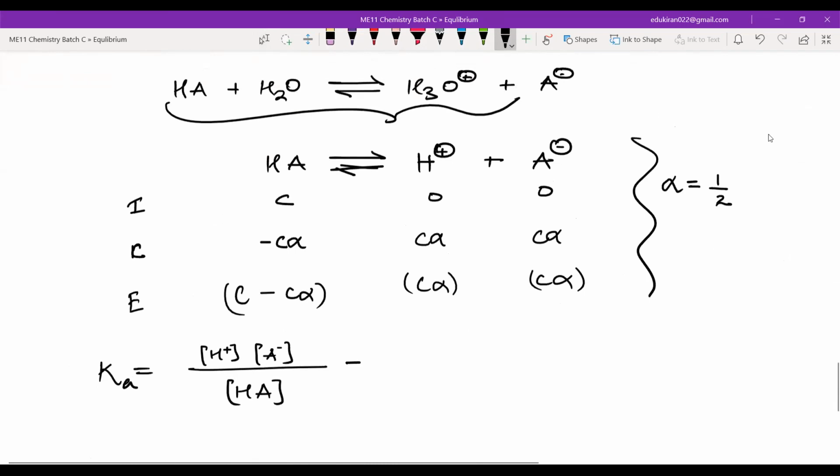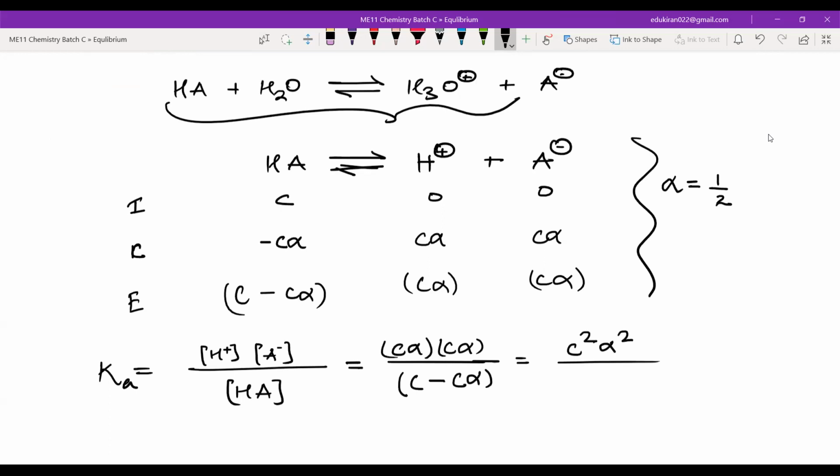Now we can write the concentrations. The concentration of H plus is C alpha, into C alpha, divided by C minus C alpha. Now I can write this as C square into alpha square divided by C common, 1 minus alpha.